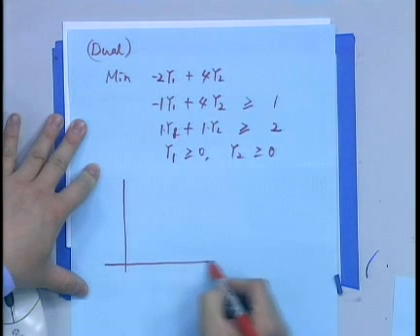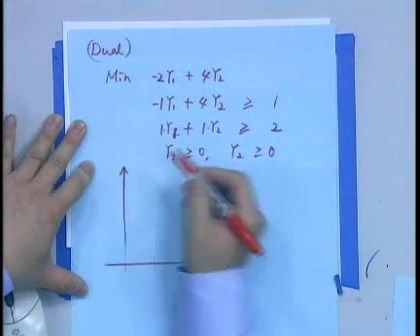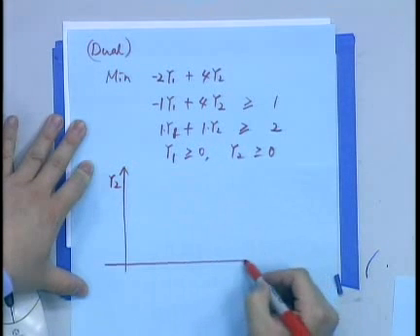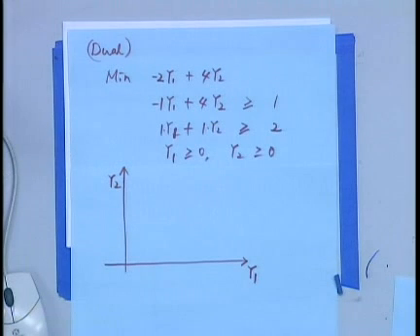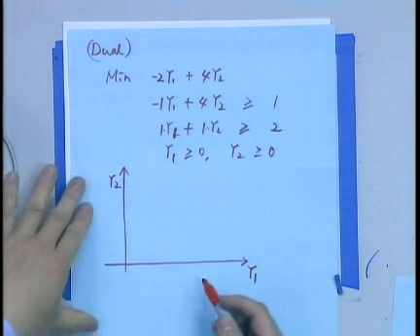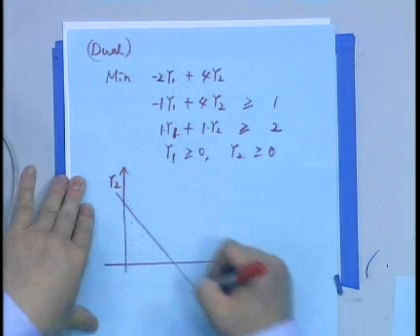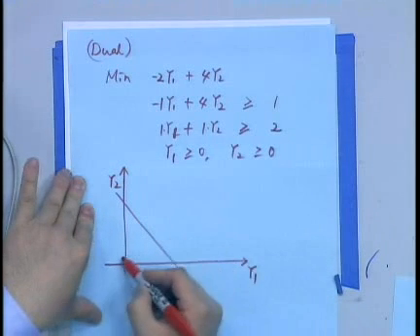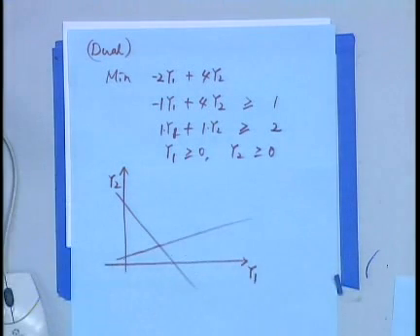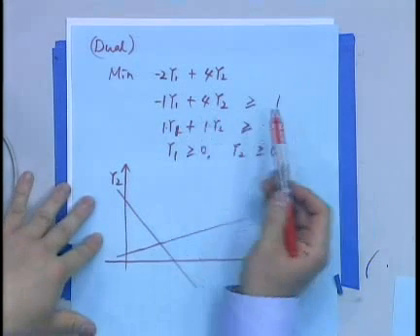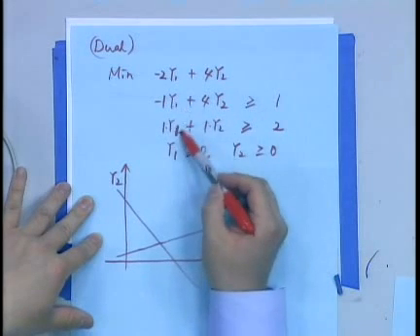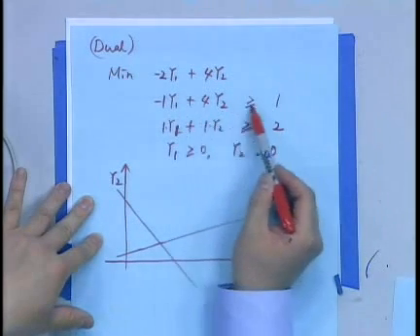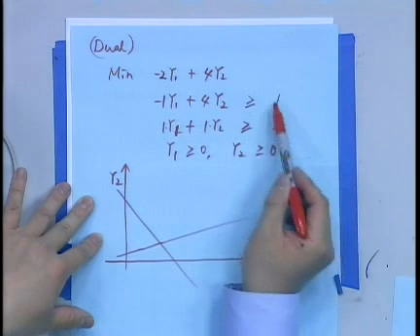And graphically, the y2 axis and y1 axis, like this, right? And the two constraints would be something like this, okay? And because the origin does not satisfy both constraints, because 0 is not greater than or equal to some positive values, right?